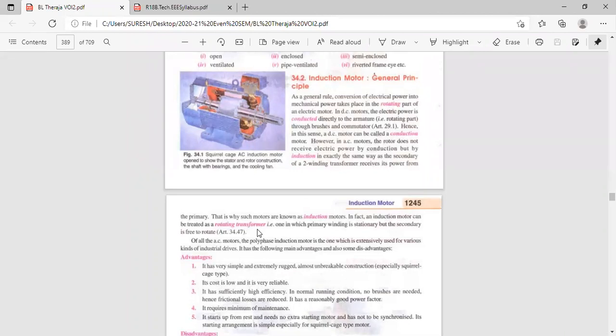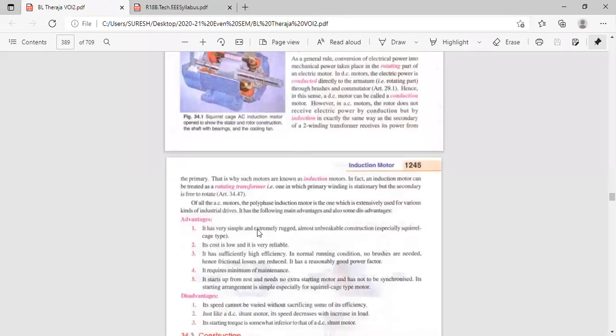But in the three-phase induction motor, the primary winding is stationary, but the secondary winding is rotating because the rotor is rotating. That's why in both the transformer and the induction motor, the principle is mutual induction only. But in the induction motor, the primary winding is stationary, but the secondary is free to rotate, because the rotor is rotating in the induction motor.